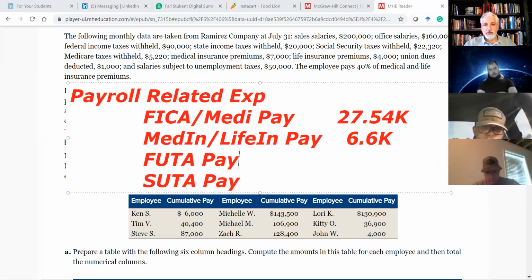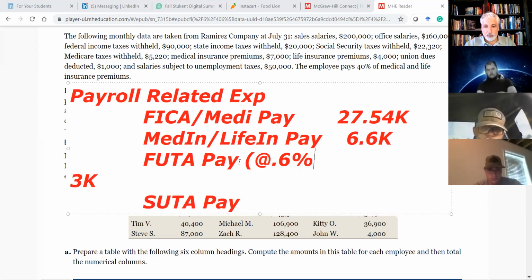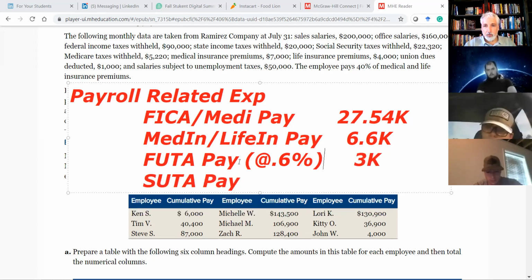So what do I have for FUTA? Federal unemployment came in at 0.6% and state came in at 5.4%. So for our federal unemployment, we have 650,000, 6%, 60 is 30,000. So I got $3,000 in federal unemployment. Okay, so this is at 0.6%. And then I have my SUTA, which was 5.4%.